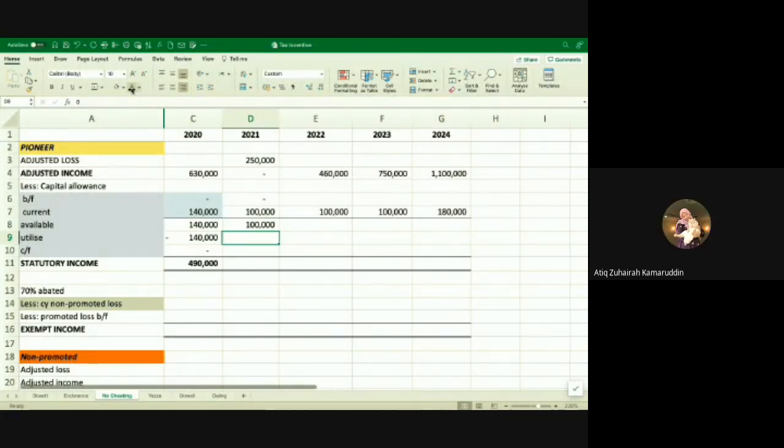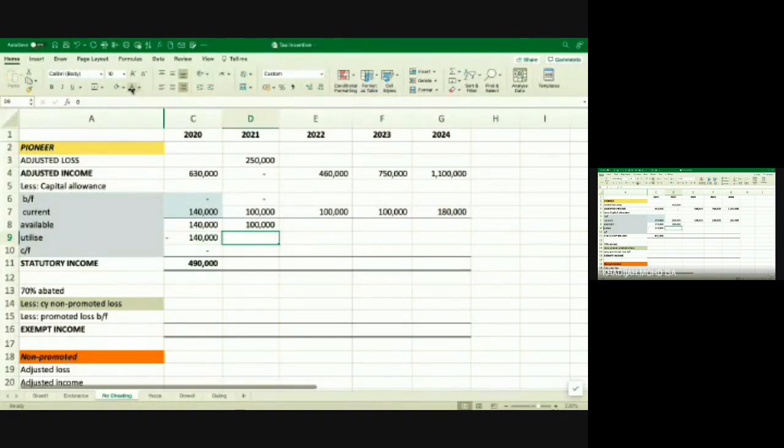No. So if you don't have any adjusted income and you don't have any balancing charge, it means that whatever capital allowance you have, you are not going to utilize anything. So that 100,000 will be carried forward to the following year, and the following year you will have a brought forward figure.